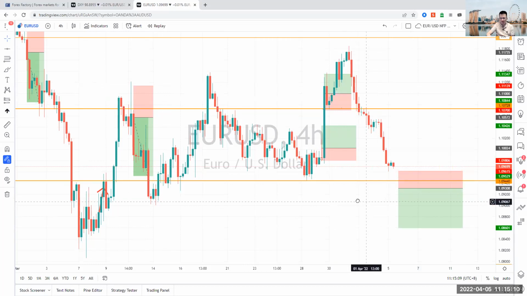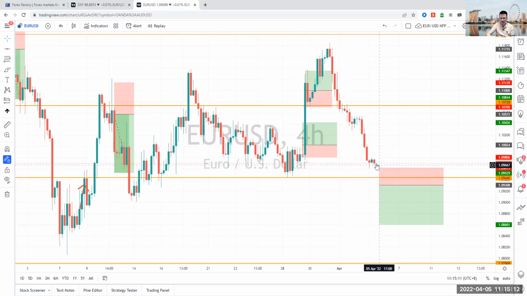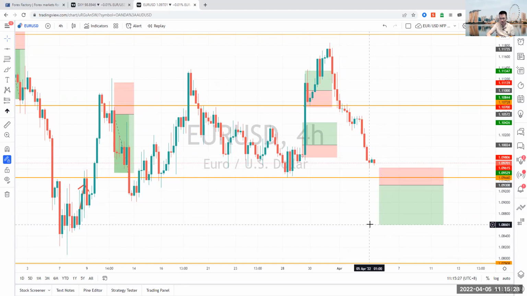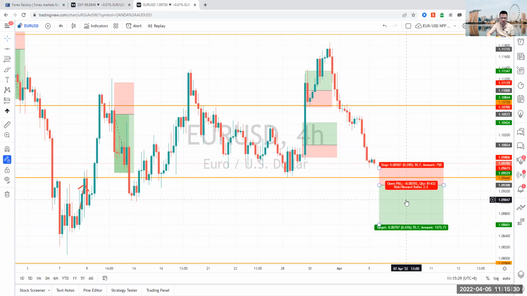So here, euro dollar H4 time frame, stay out for now, wait for it to break that 1.0945 level. If it closes below 1.0930, look to sell down towards 1.0860. That is a 1:2 risk reward ratio towards the downside.